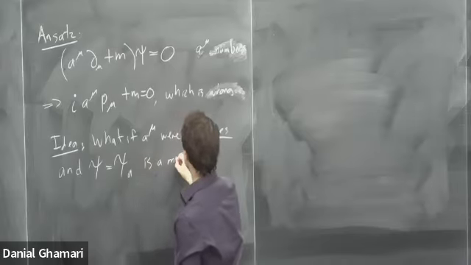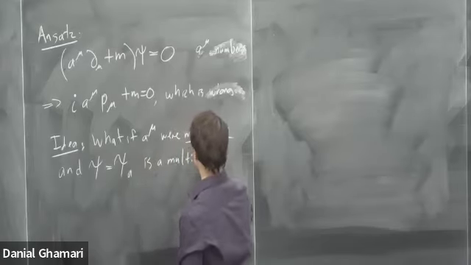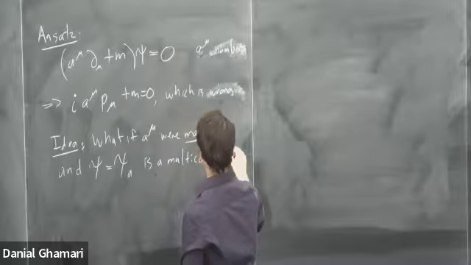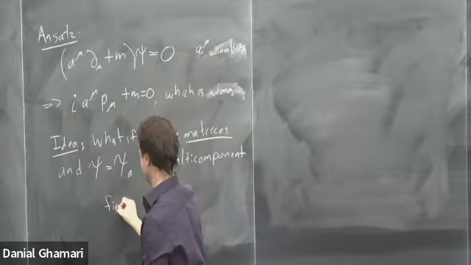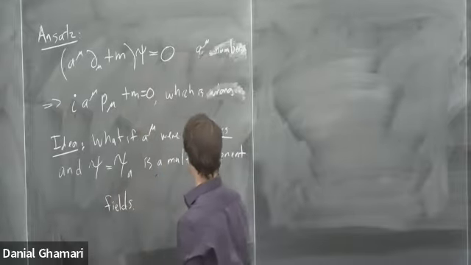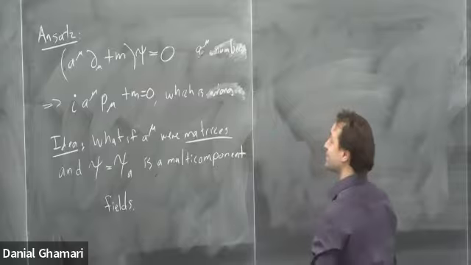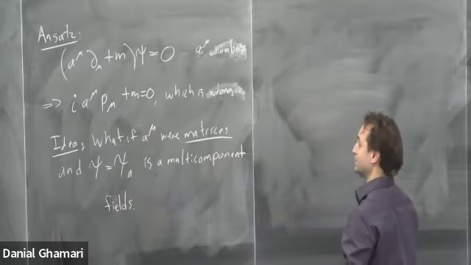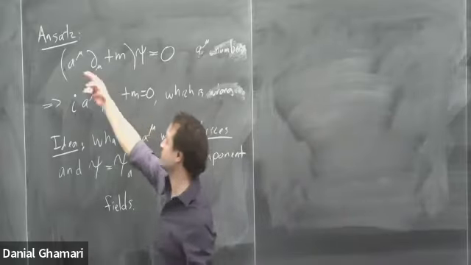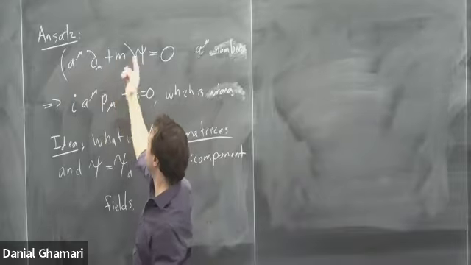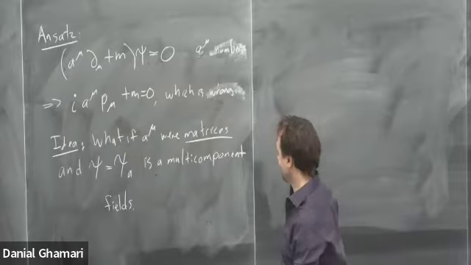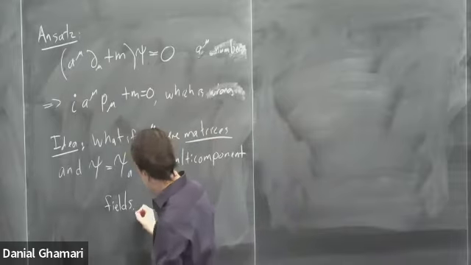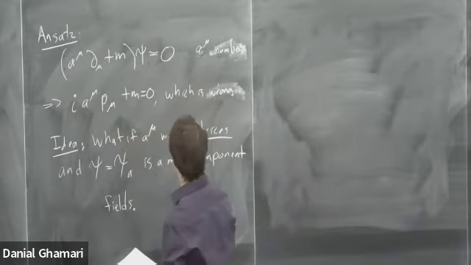It's a multi-component field, I guess they call these fields, whatever that means. So what if instead of just taking a scalar field and numbers in this linear combination, what if these are actually matrices, and these are like a vector of fields? So that's a really audacious idea.